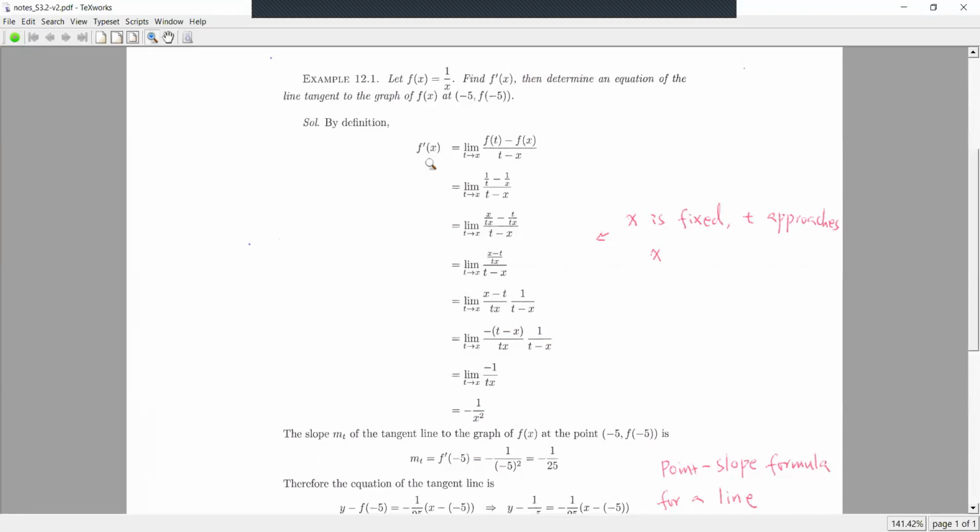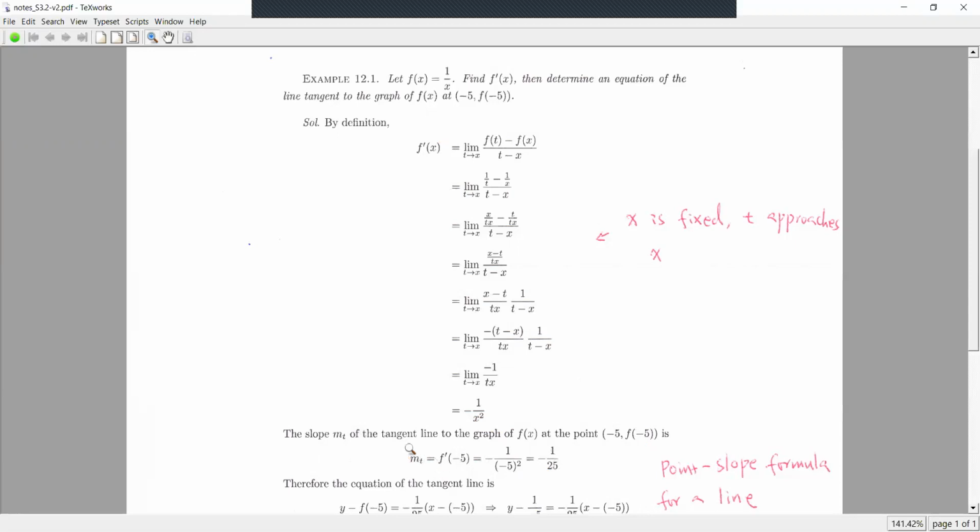Because derivative at x is negative 1 over x squared, I plug in negative 5 in x. Then the derivative is this number. This number is negative 1 over 25.